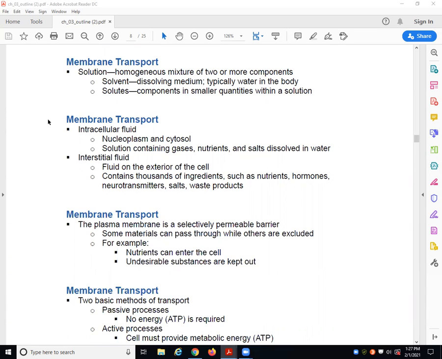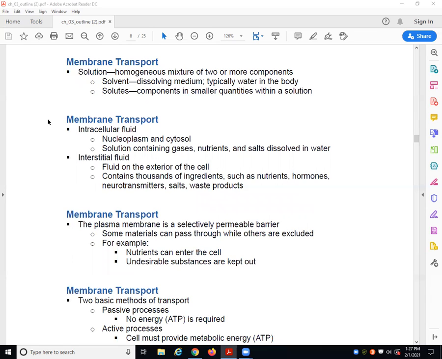You have the solvent, that's what things dissolve in. In most cases in your body, it's going to be water. And you have solutes, the smaller quantities in the solution that dissolve in the solvent. So if we have salt water, salt is the solute and water is the solvent, because salt's dissolving in the water.